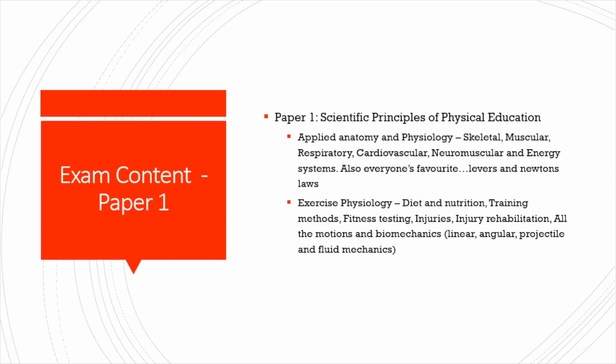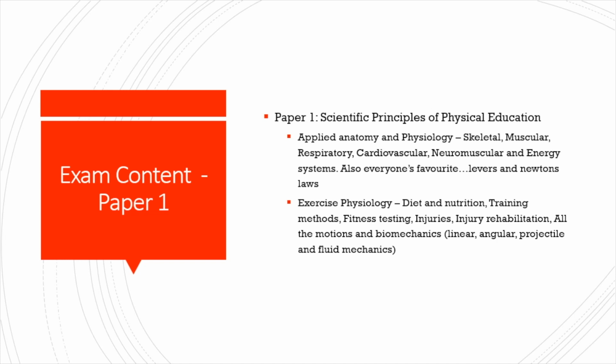There are 2 sections to the paper. The exercise physiology section is on diet, nutrition, training methods, fitness testing, injury rehab, and then all the motions and biomechanics, so linear motion, angular motion, projectile motion, and fluid mechanics. The first section is more about the science side of it. As I said, it links in very closely to biology.